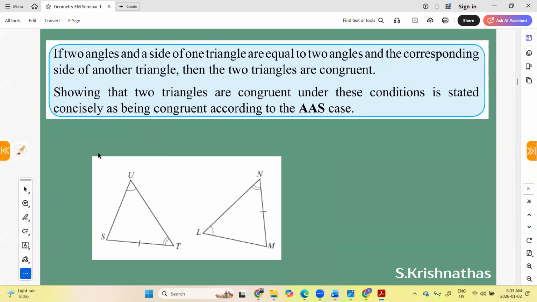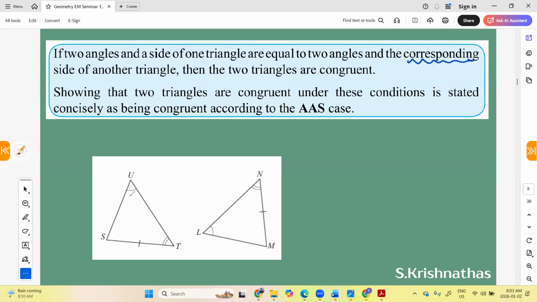If two angles and a side of one triangle are equal to two angles and the corresponding side of another triangle, then the two triangles are congruent. Students, here also you have to underline the word corresponding.